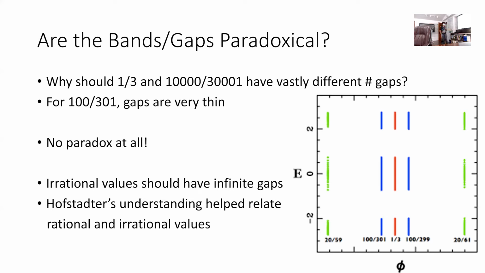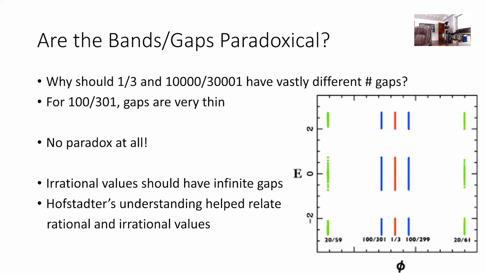So it was thought to potentially be paradoxical, but it turns out not to be. And the reason why kind of helps if you consider different examples. So I could look at 1/3, or I could look at 10,000 divided by 30,001. They're really close, right? But this has 3 bands, and this has 30,001 bands.